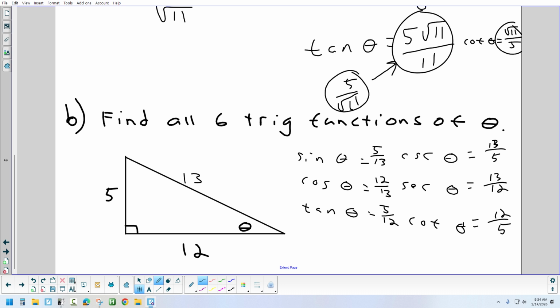We did not find theta. We don't know how many radians or degrees this angle is. These equations would help us figure that out. In fact, we could just pick one of them, and that would be enough to figure it out. But that's not what we've done yet. Okay. Any questions on that one?